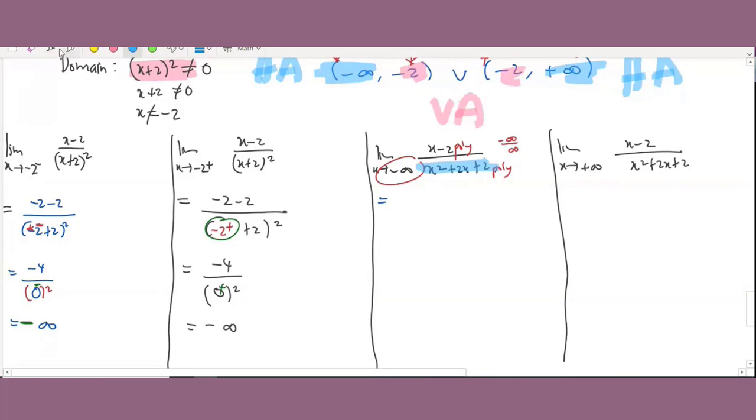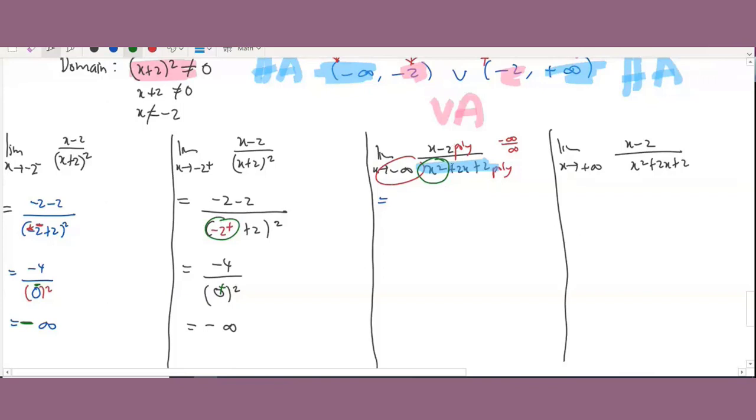The highest power of the denominator is 2. Compared to the other one, poly over poly approaches a value, you have to factorize and cancel.